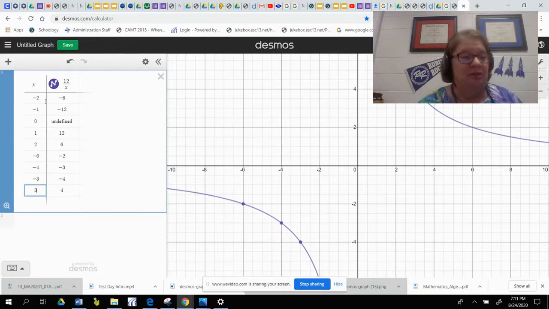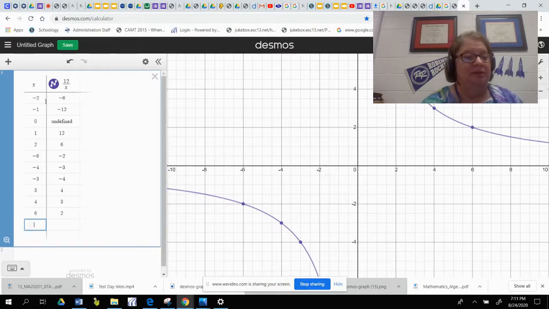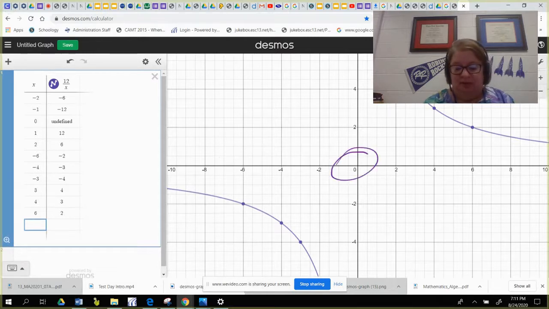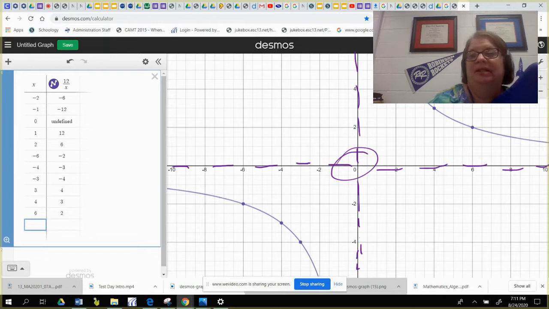So we need 3. This is going to be a little bit out of order from your paper, but it's okay. And 6. If you notice at 0 that it says undefined, what happens in that graph right here where x is 0? It doesn't touch. This is a horizontal asymptote. And this is a vertical asymptote. Those are lines that the graph approaches but doesn't touch. Okay, that's the graph. Let's go back to the paper.